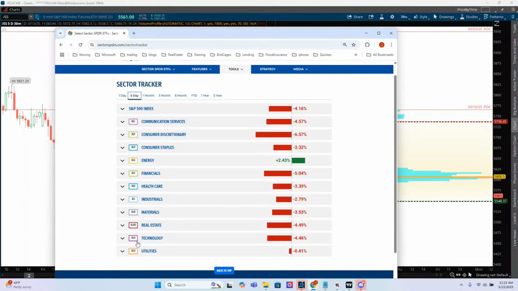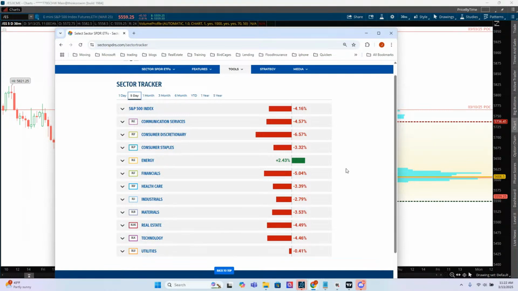I tend to look at this piece as very significant because we have 6 or 7 multi-trillion-dollar companies that can move the market and give you the impression that the market is doing well.